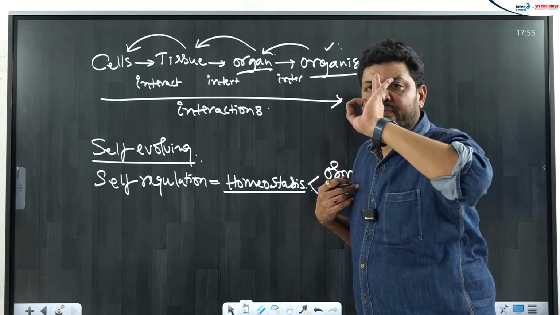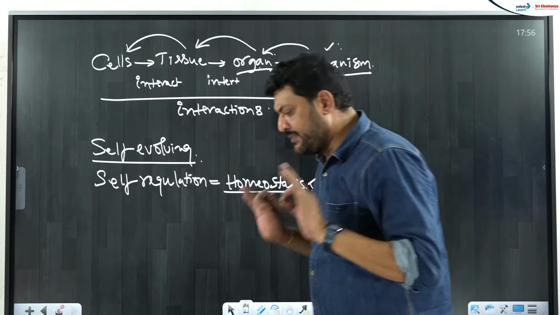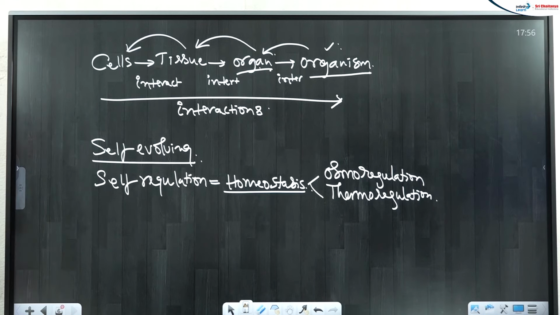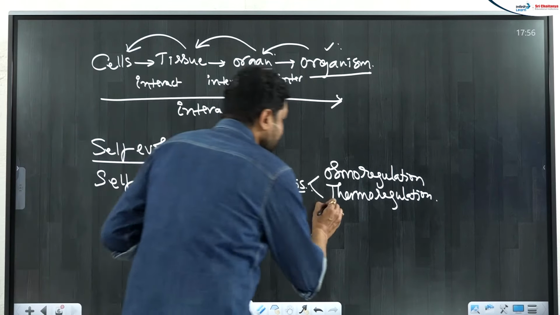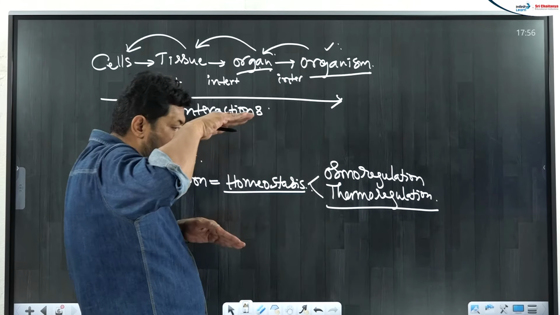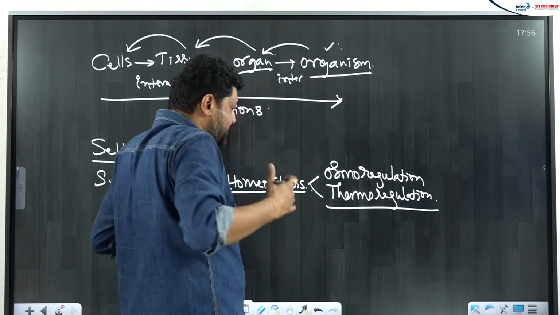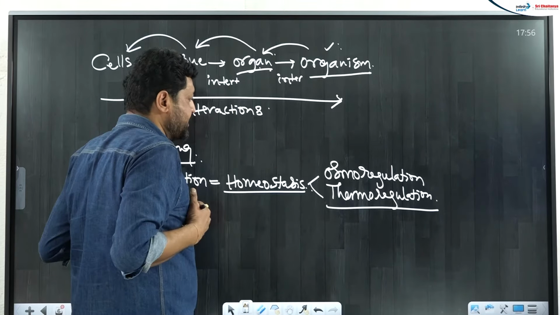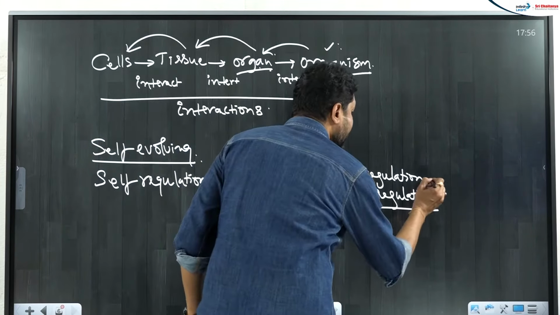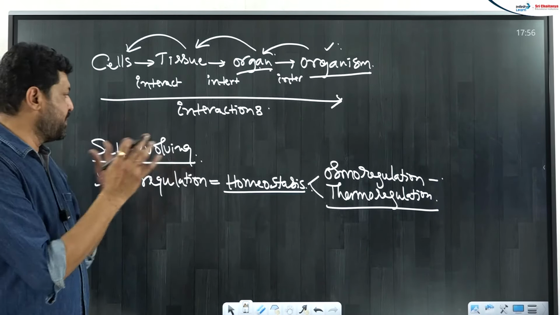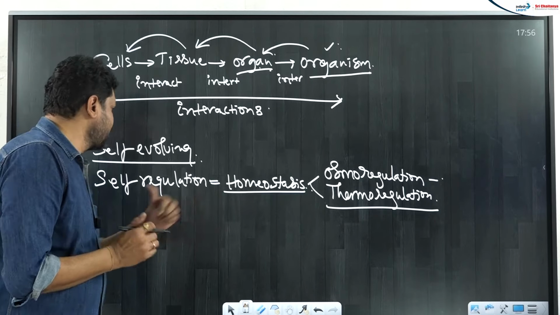Exactly. For every human being, normal body temperature is 98.4 Fahrenheit. Clear? So this temperature is regularly not going down, not going up. That is because of your thermoregulation. So the osmotic condition, the entry and exit of water to the cell, osmoregulation, both come under homeostasis.